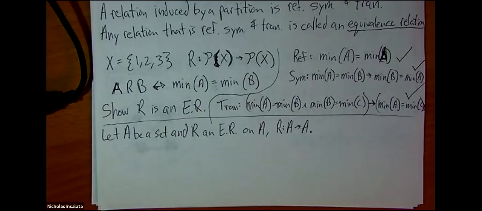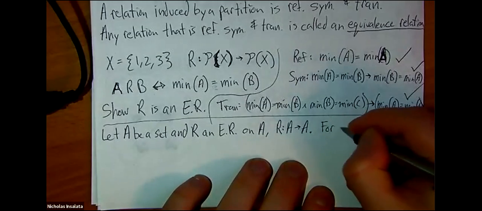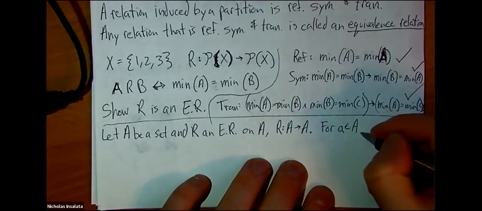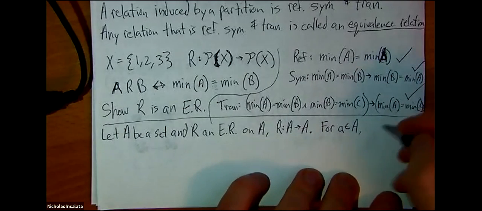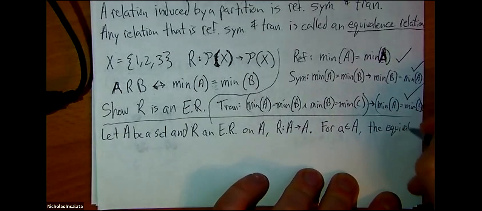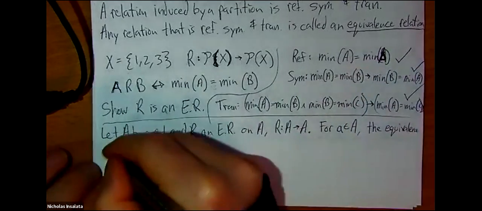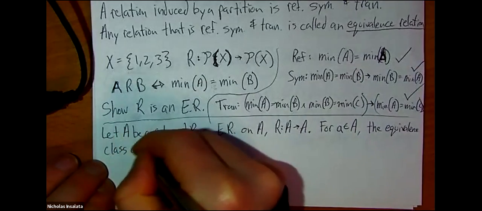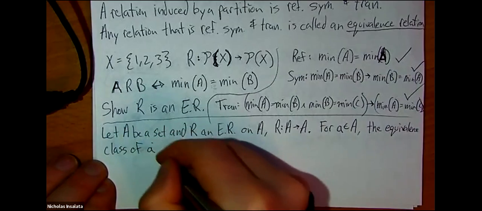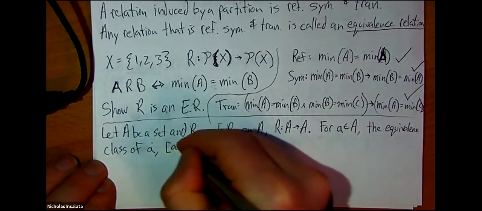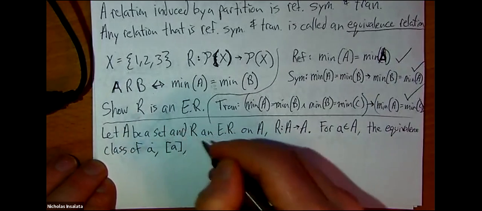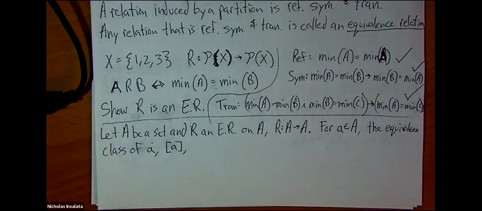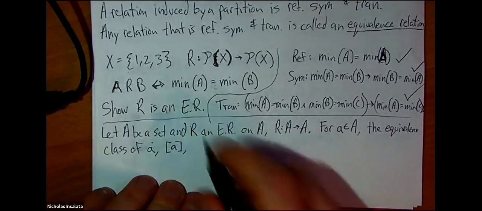For some element of A, the equivalence class of little a, which is denoted with square brackets, is the set of elements of A, big A, related to little a.